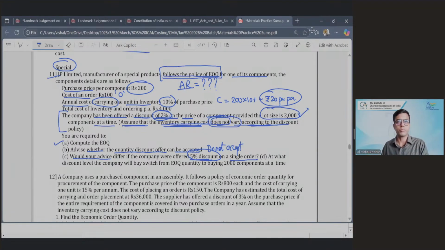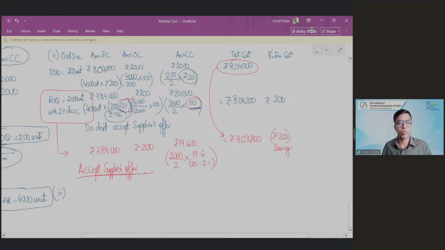So what does it mean? Now they want me to find out the total cost where the order is a single order, meaning 4,000 units, with a 5% discount. Now what will happen here, students?